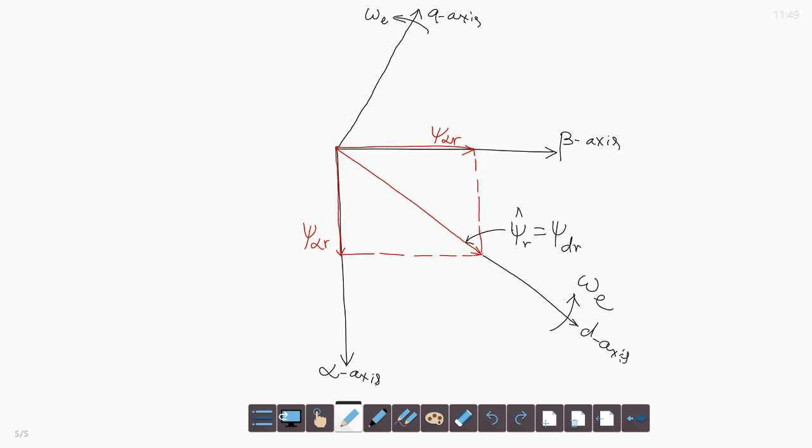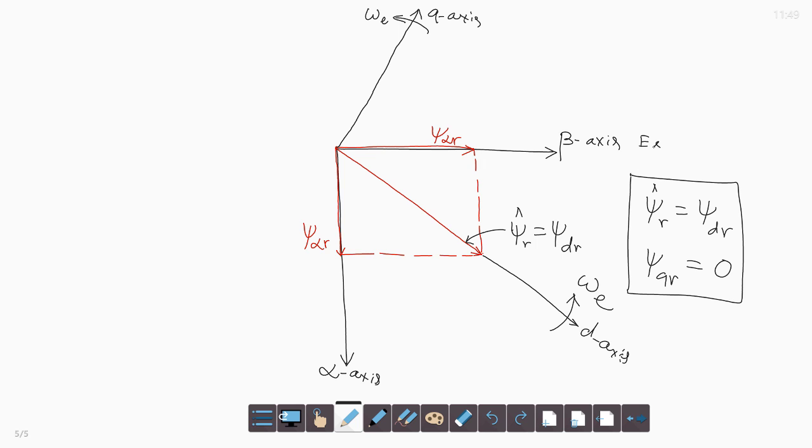So psi r equals psi d r, and no flux along the q axis, psi q r equals 0. That is the essential of vector control. Entire flux should be along the d axis, psi q r is 0.